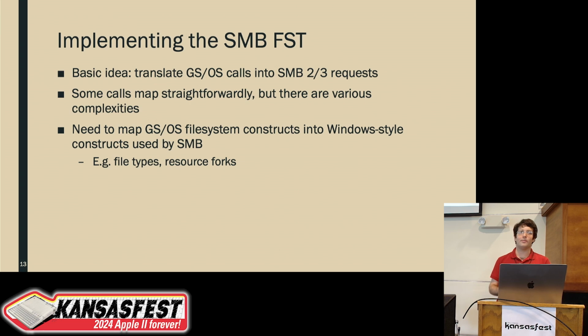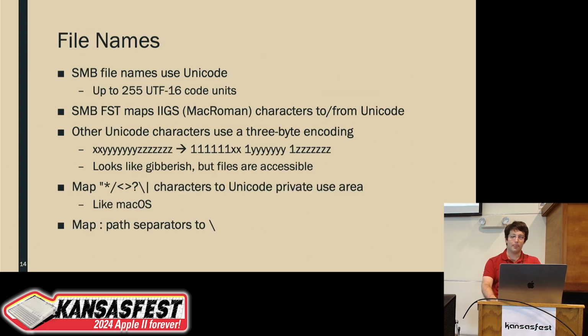GSOS has its own file system model with things like file types and resource forks that you need to support if you really want it to fully work with GSOS programs that expect the file systems to support that stuff. So you need to do a mapping of that to the Windows-style constructs in SMB. I'll talk a little bit about how some of those mappings work.